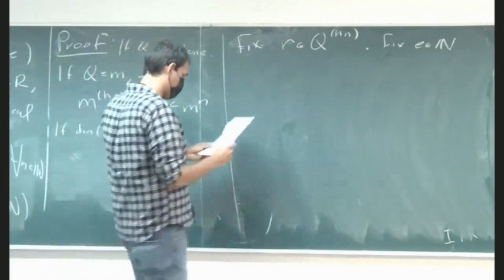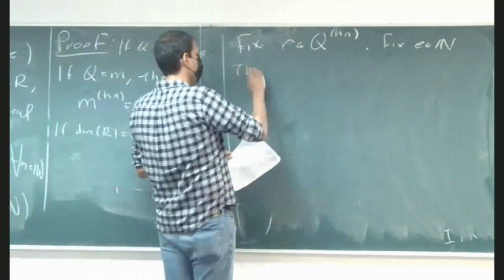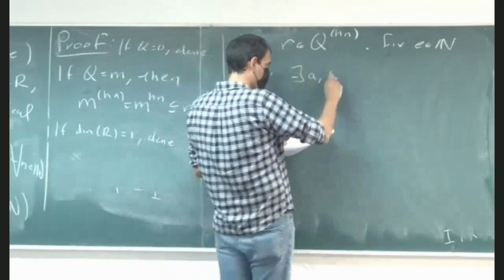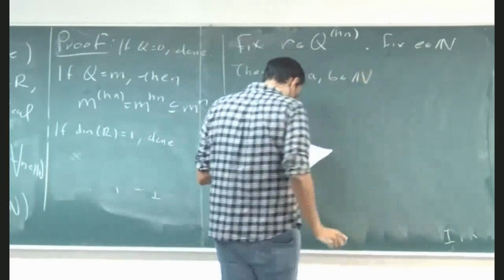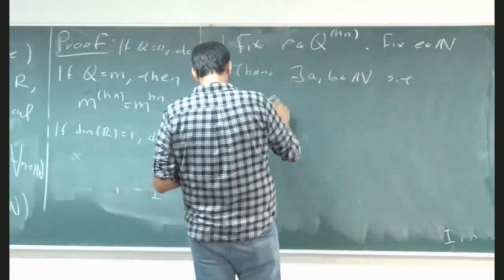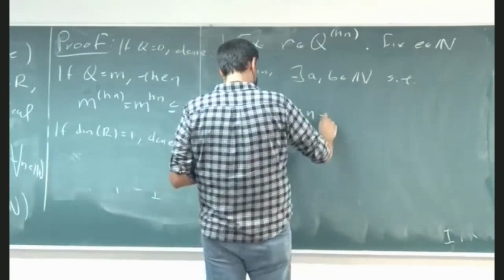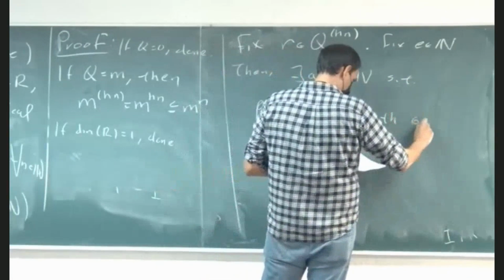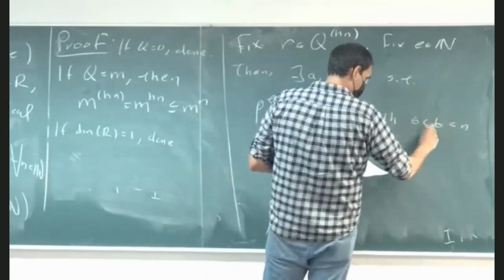Okay, so then by the division algorithm, there exist a and b inside N such that p to the e is equal to a times n plus b, with b in between 0 and n. Okay?